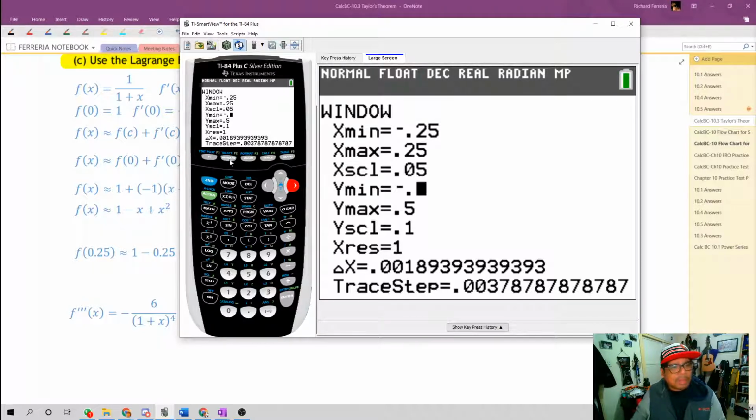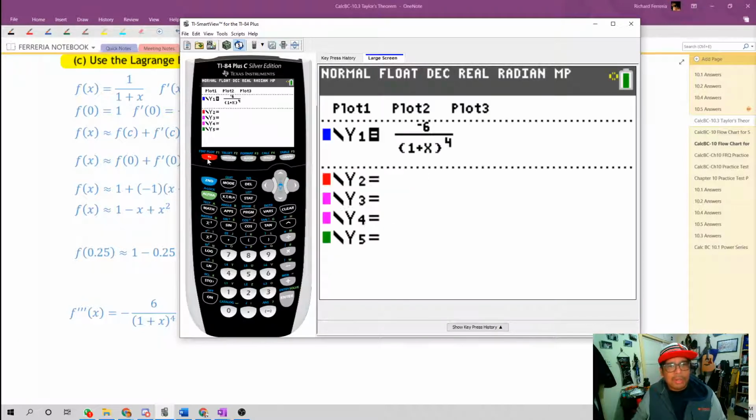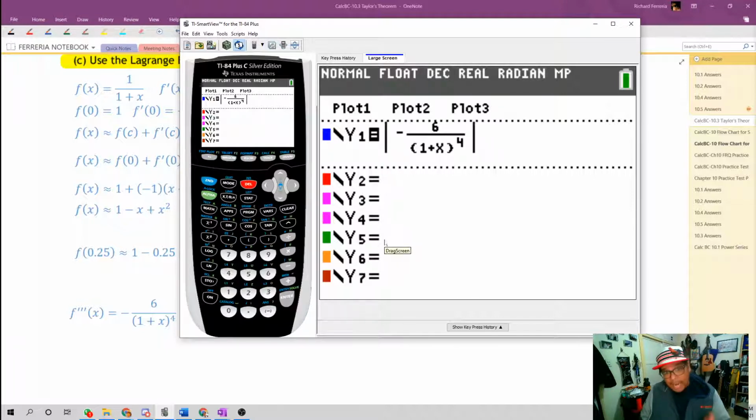Actually, I'm sorry. Let's go back here, because we need to find the absolute value of this, because we want to find the absolute error. So let's put this in absolute values. Okay, now we have it in absolute values. We have our window, so I'm going to push graph.